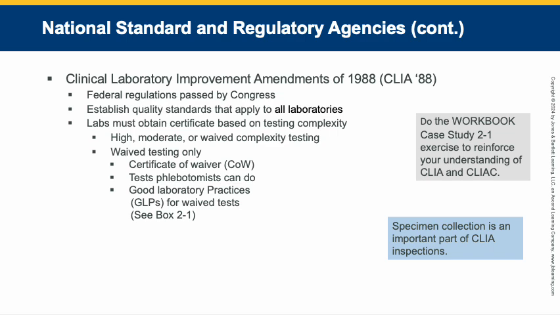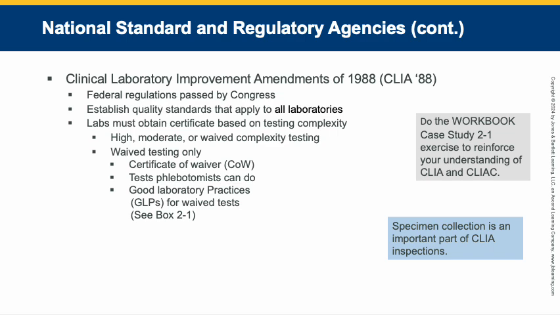The purpose was to provide technical and scientific advice and guidance to the right people in the CMS who actually administer these regulations. All laboratory facilities subject to CLIA 88 regulations are required to obtain a certificate from the CMS according to the complexity of testing performed.